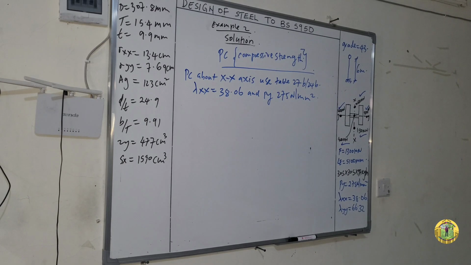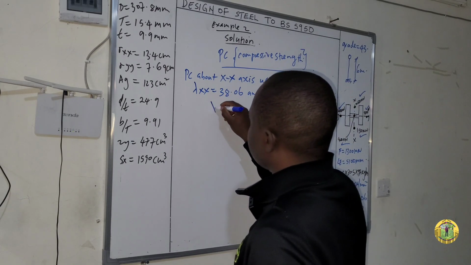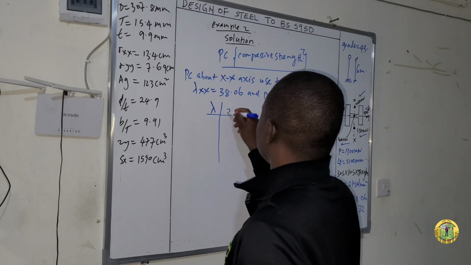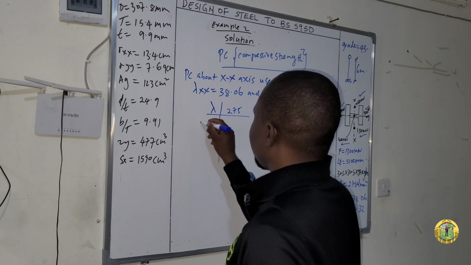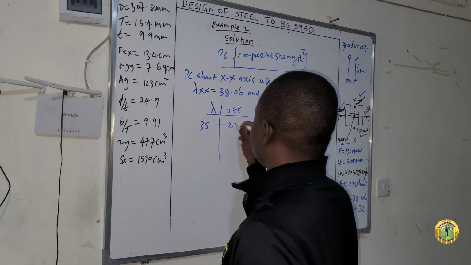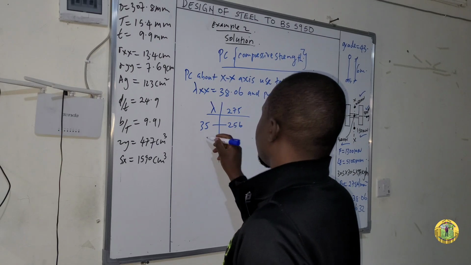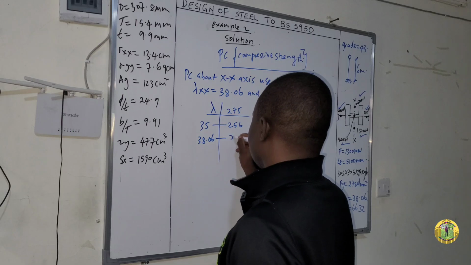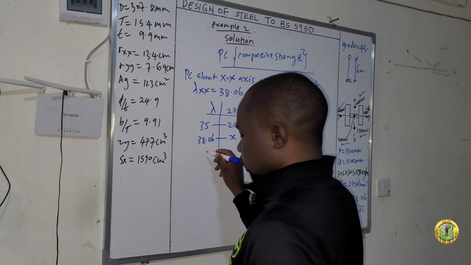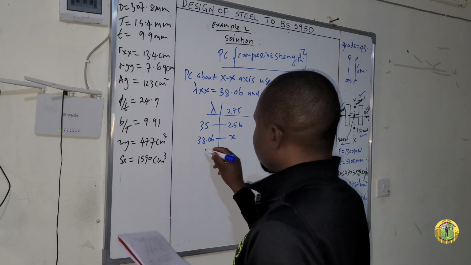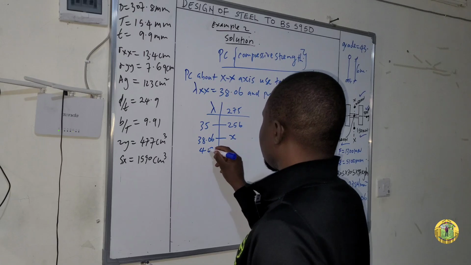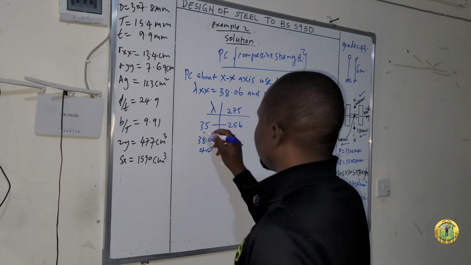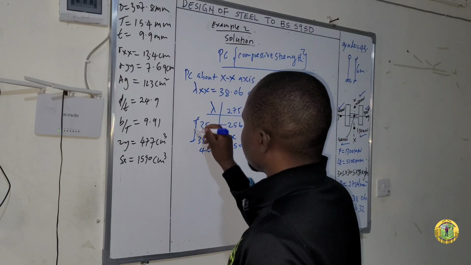So we have the slenderness ratio and 275. So we have 35, 256, 38.06 to x. And then we have 40, and this is 250. Then you get the difference between these two.